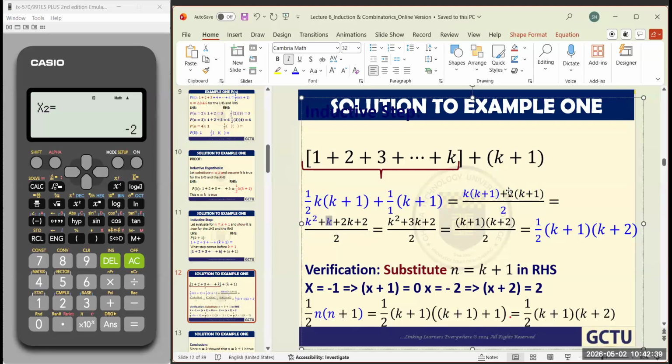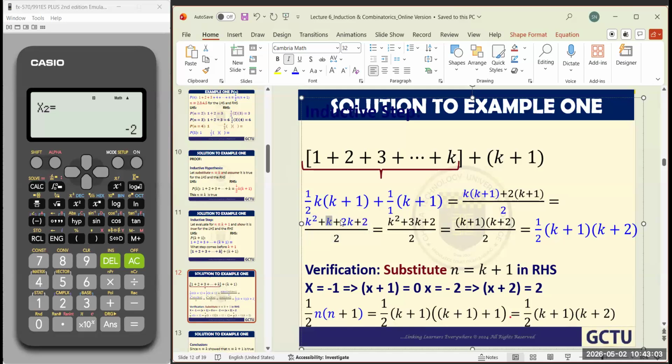Then I came to the right. 2 times k will give me 2k. And that is the third term I got, 2k. And then 2 times 2. This 2 here times this 2 there gives me the value that I got here, which is 4. Okay, so the numerator is k squared plus k plus 2k plus 2.